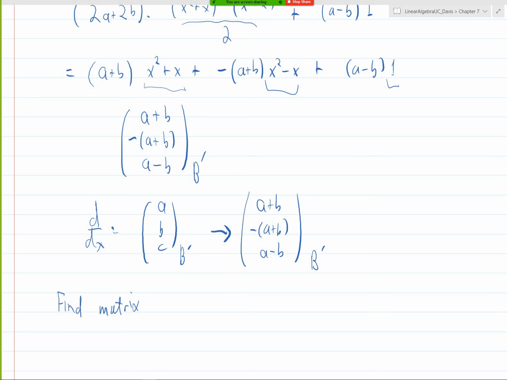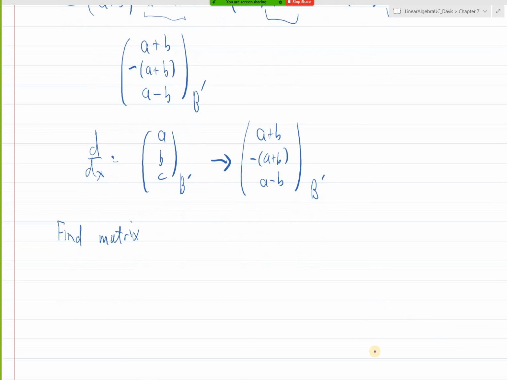First of all, what size is it? This is my input. It's a 3 by 1 input, and I get a 3 by 1 output. So it has to be a 3 by 3 matrix.